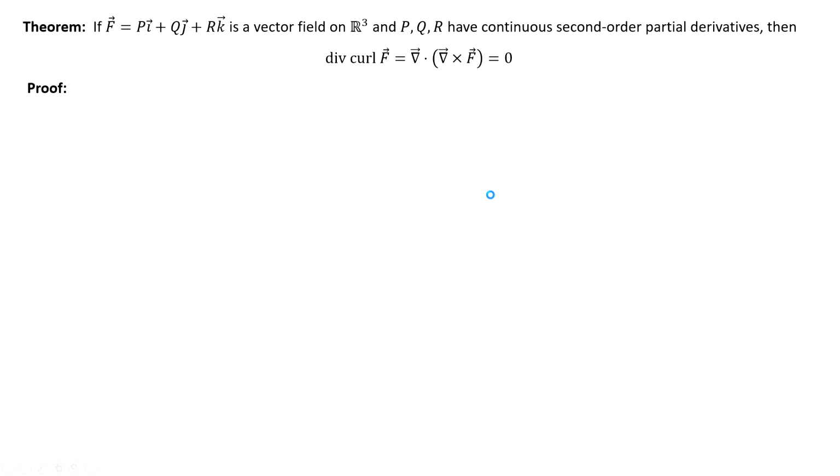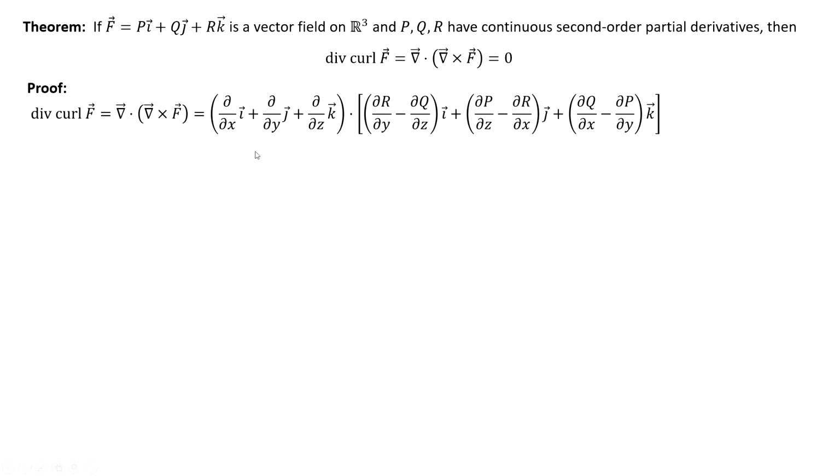The proof, again, I do have a proof, which is just simple plug and chug stuff. Del dot with del cross F. Del is nothing but partial with respect to x i plus partial with respect to y j plus partial with respect to z k, dotted with del cross F. If you do that matrix, the determinant of the matrix turns out to be this. And so I'm taking the dot product of this with this. How do we do that?